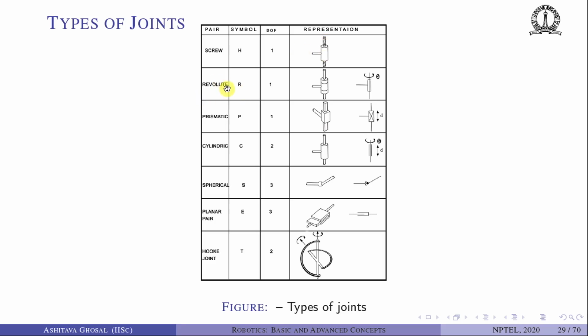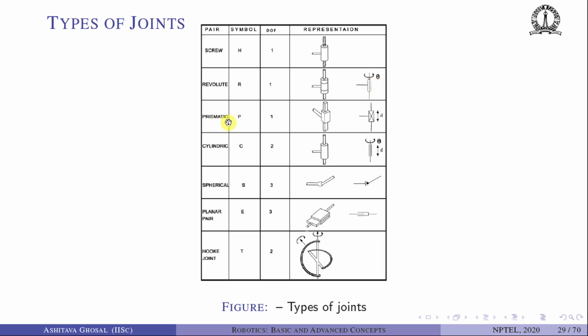Whereas in a revolute joint, also sometimes called a rotary joint, these are the two rigid bodies. One is at the center and one along this line or axis, symbolically shown as one rod here and another axis here. The rigid body here can rotate with respect to the other rigid body by an angle theta. It cannot translate.